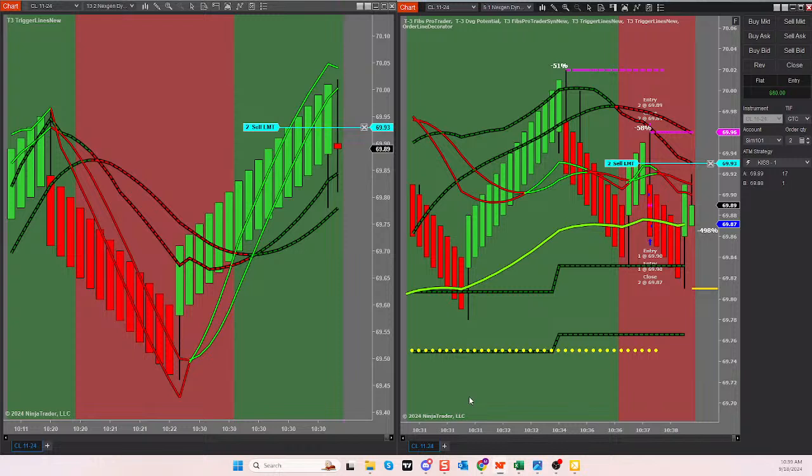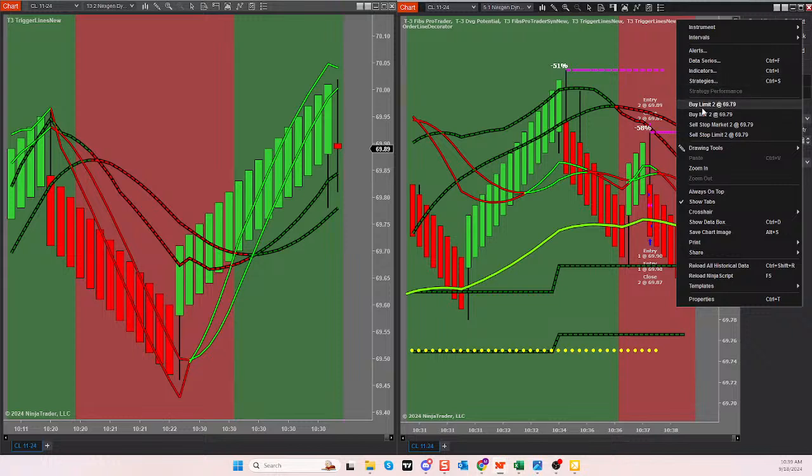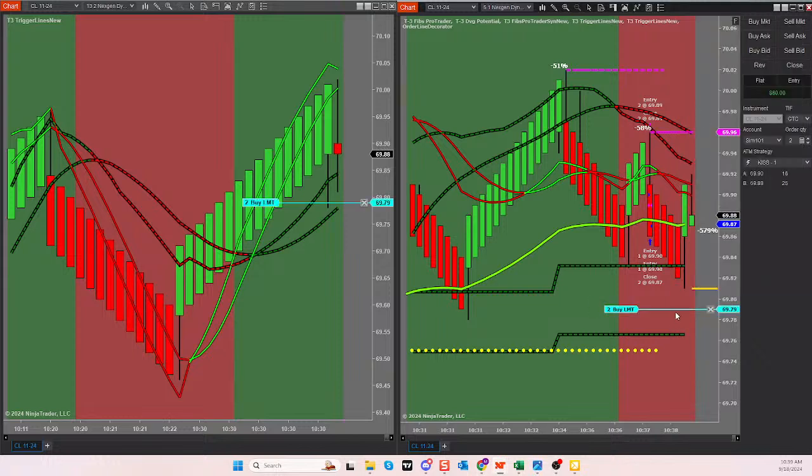So price has to reach the order. Either way, price has to reach the order. I will never enter the market. It won't put me in a position unless price comes down and reaches that limit order. Does that make sense? So we literally wait for the market to come to us with an order. And if it gets us, cool. And if it doesn't, well, it's not our money.